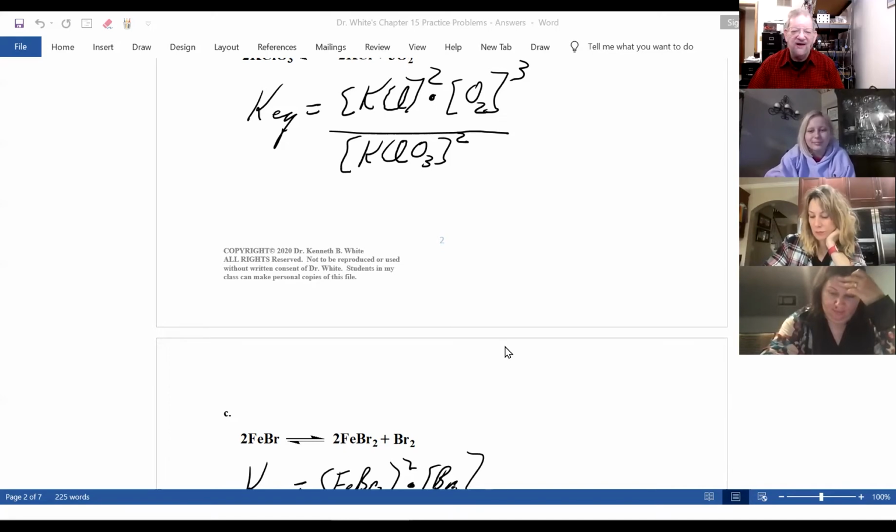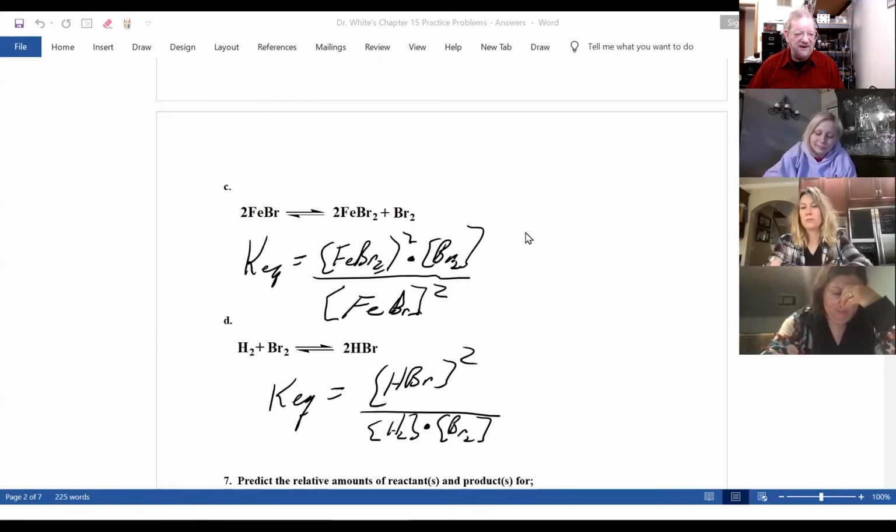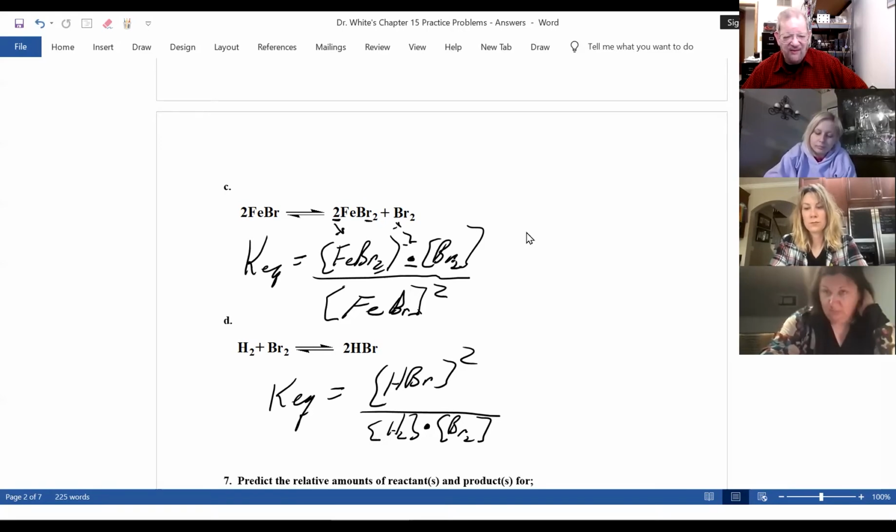All right, looks like all the voting public is done. So let's do this. If I come over here, look, it's already done. And notice the coefficient for ferric bromide, FeBr2, is 2. So it's this concentration to this power times, remember, common mistake, students, instead of putting that, they use a plus sign.